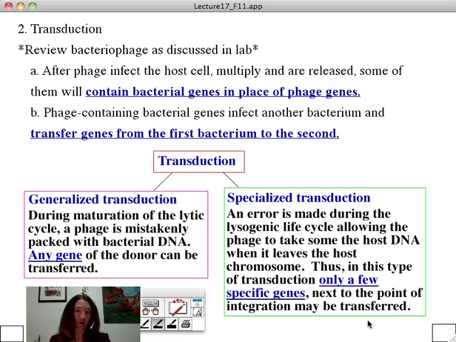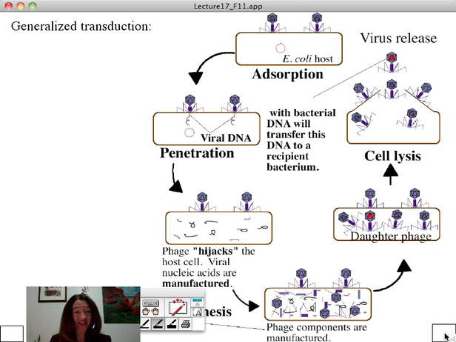When it comes out of the site of integration, does it cause damage to the next host cell? And the answer is generally no. It's generally defective and won't serve any other purpose than just being a transducing particle, the taxicab that delivers donor DNA to a recipient. Okay, great. So let's look more closely at generalized transduction.